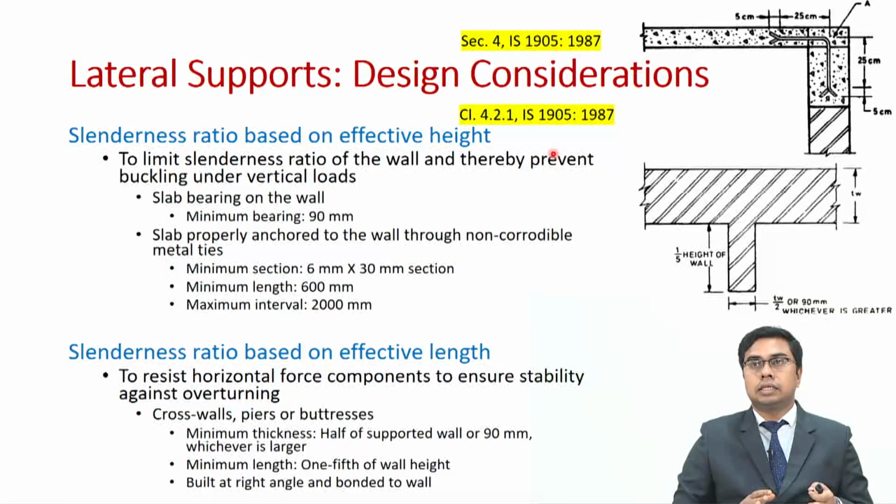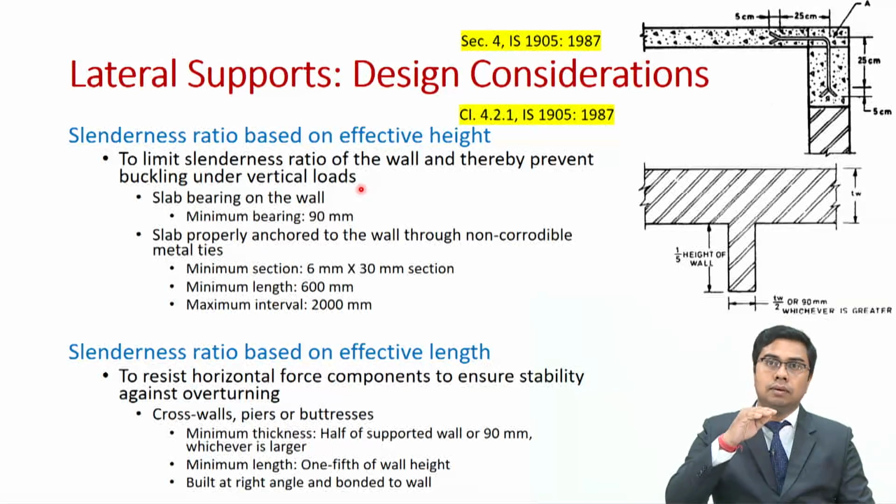Now, having seen the eccentricity, let us look into a bit about lateral supports. Coming back to the slenderness ratio concept, we have seen that slenderness ratio can be based on effective height or it can be based on effective length. Why do you place such limits? The slenderness ratio based on effective height assures that we prevent buckling under vertical load.